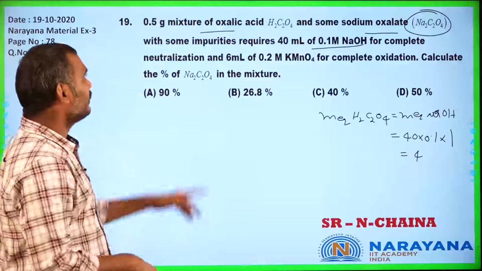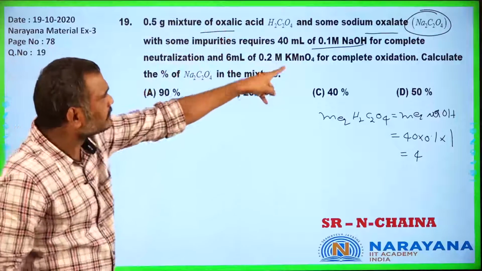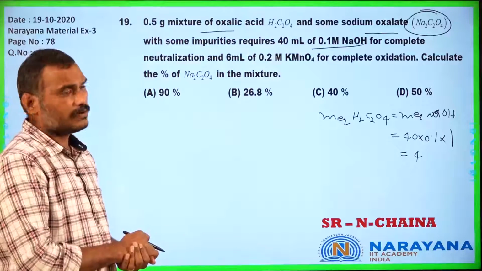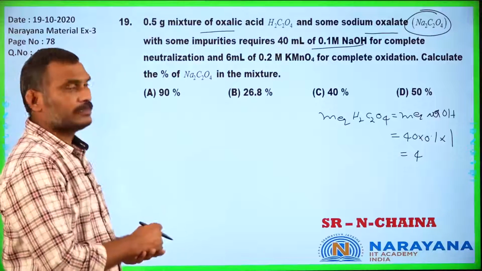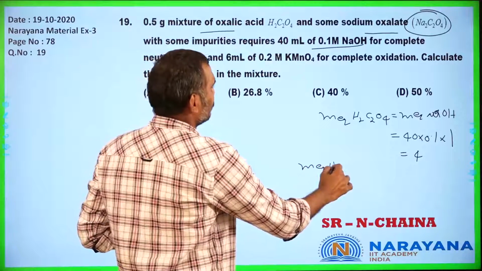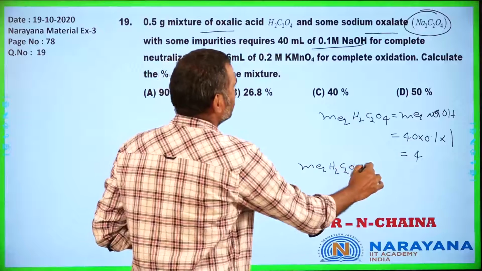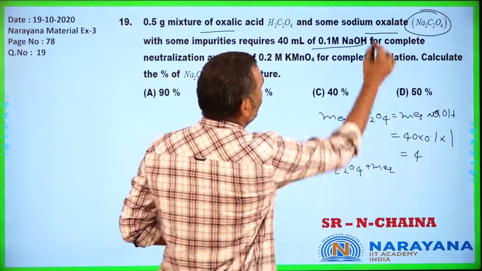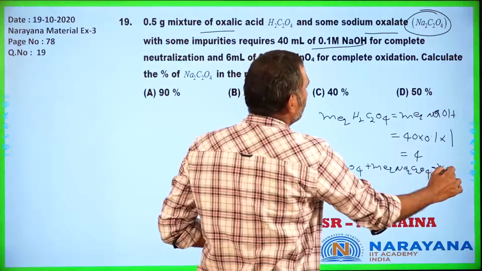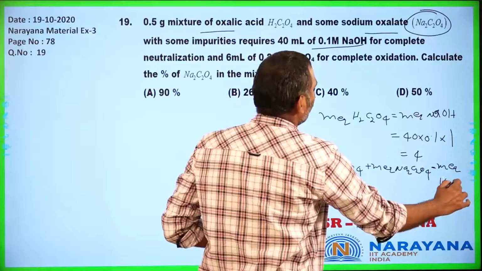Now in the second one, the same mixture was oxidized by 6 ml of 0.2 M KMnO4. So milli equivalence of H2C2O4 plus milli equivalence of Na2C2O4 is equal to milli equivalence of KMnO4.